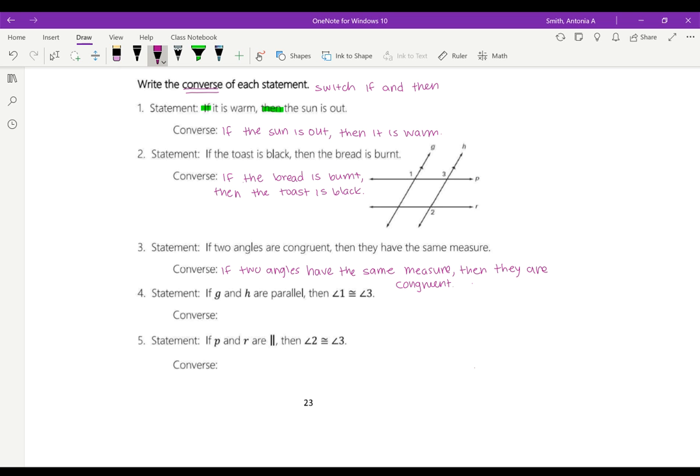Number 4 says, if G and H are parallel, then angle 1 is congruent to angle 3. So the converse, if angle 1 is congruent to angle 3, then G and H are parallel.